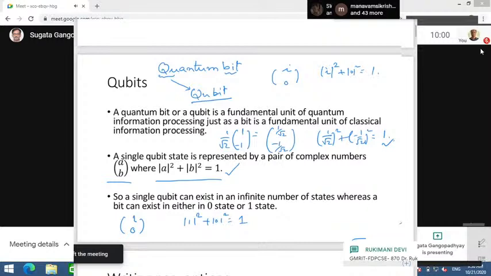That is possible. So if I say I'm considering one state like, let's say, ket 0 plus i times ket 1 divided by root 2.